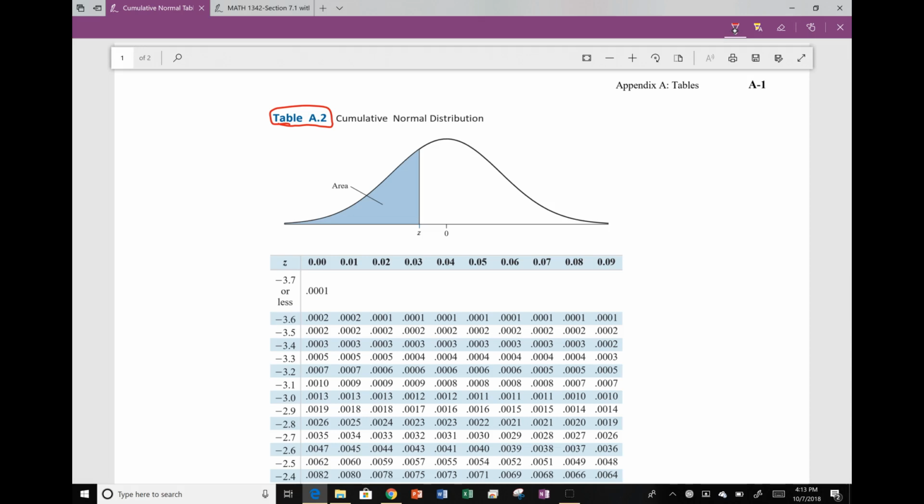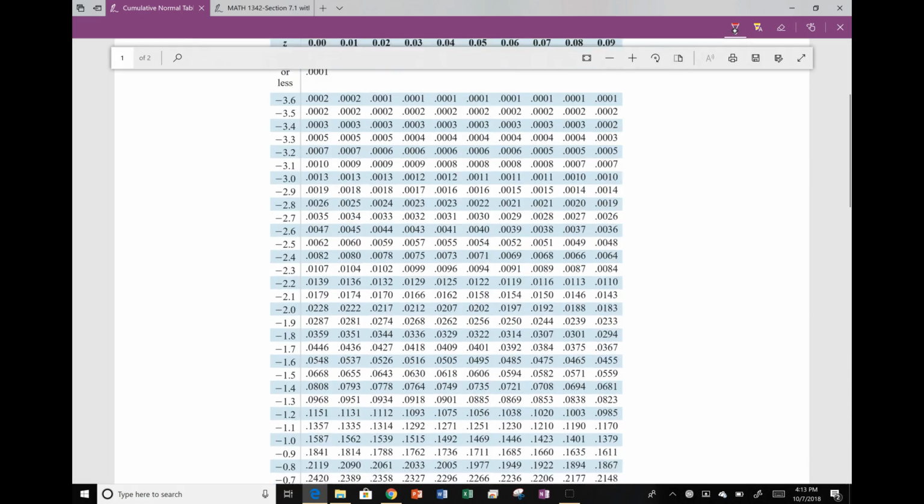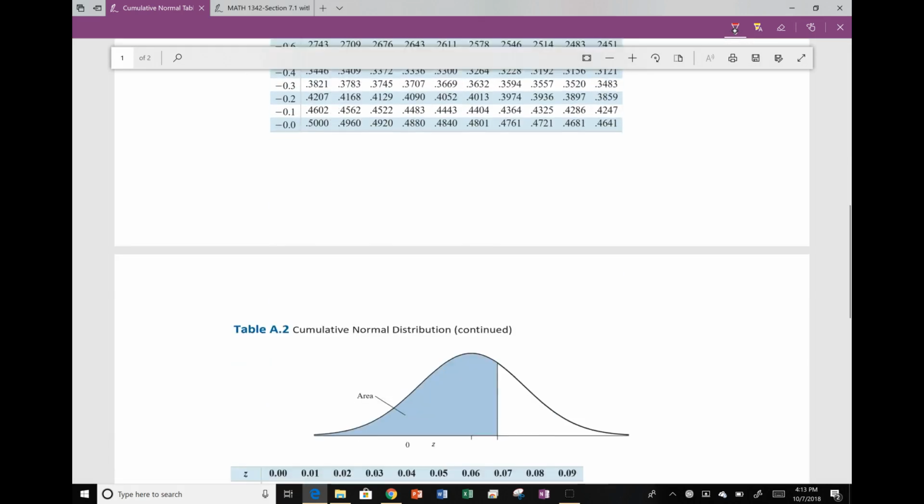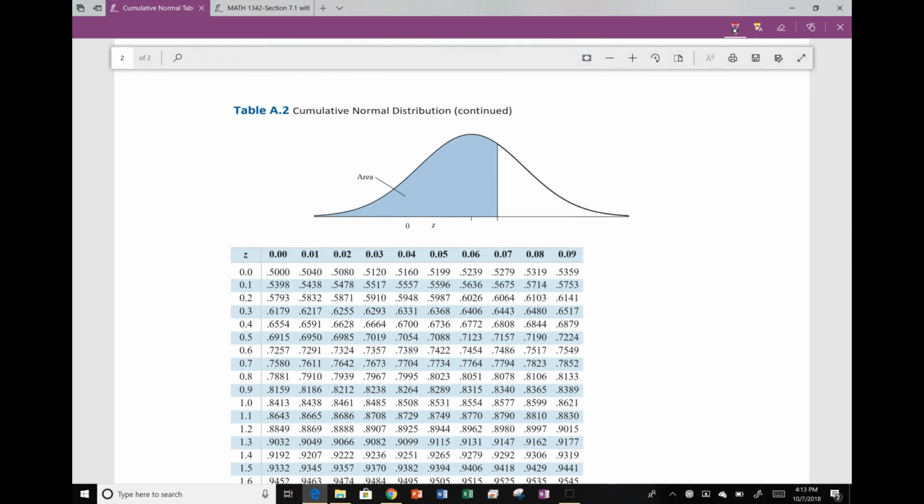When we're looking at Table A2, you'll notice that you have negative z-scores here, and on the next part of the table you have positive z-scores. The thing about z-scores with this cumulative normal distribution is that the area is always going to be to the left of the z-score.